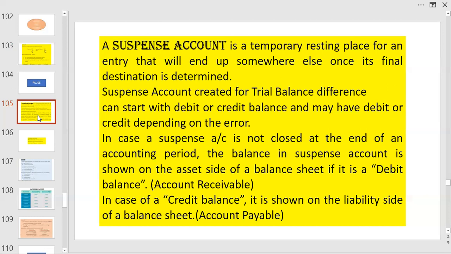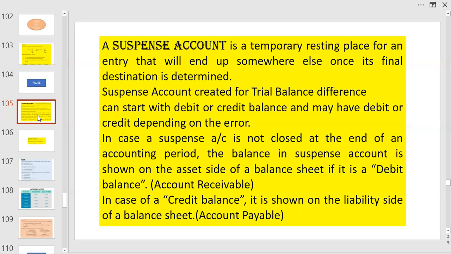So until the mistakes are found, depending on whether the debit side is more or the credit side is more, the suspense account is created and put to the opposite side. If the debit side is more, it is put to the credit side. If the credit side is more, it is put to the debit side, and they start that account.